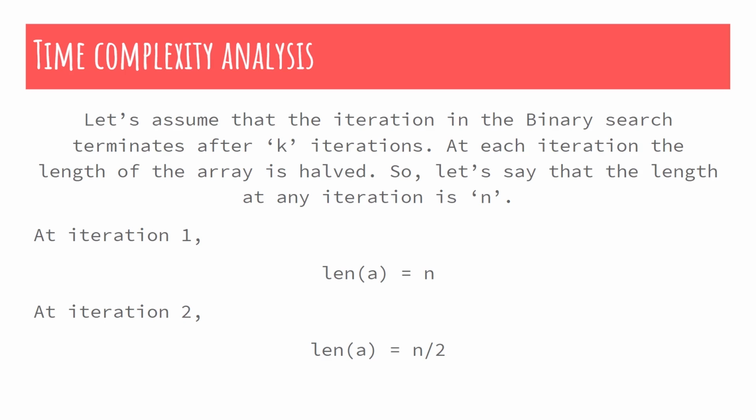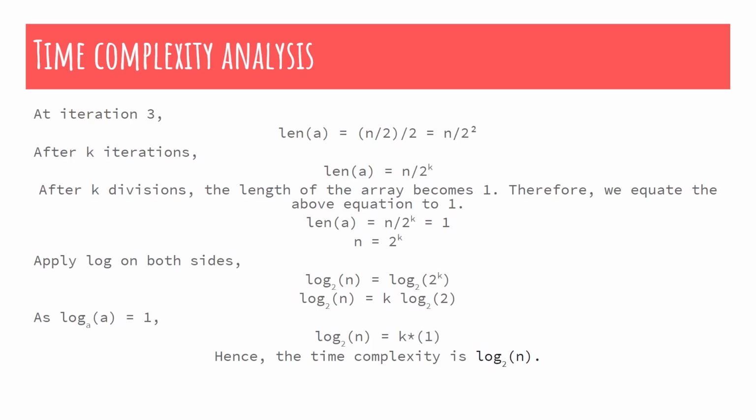Therefore, length of a is equal to n by 2. Again, in our third iteration, n by 2 will be further reduced to n by 2 by 2, which can be simplified to n divided by 2 to the power of 2. Likewise, after k iterations, we'll have length of a as n divided by 2 to the power of k.